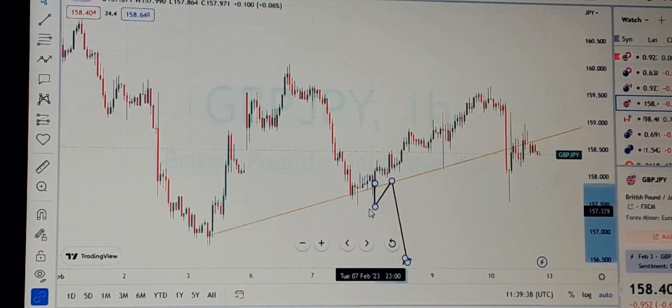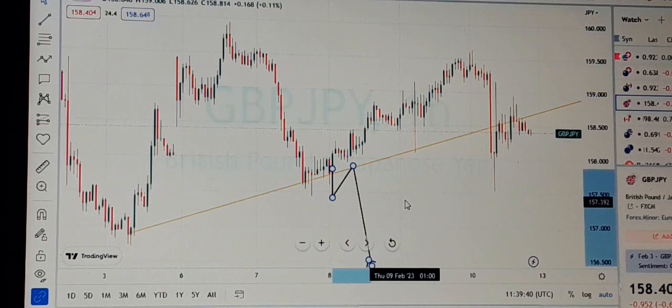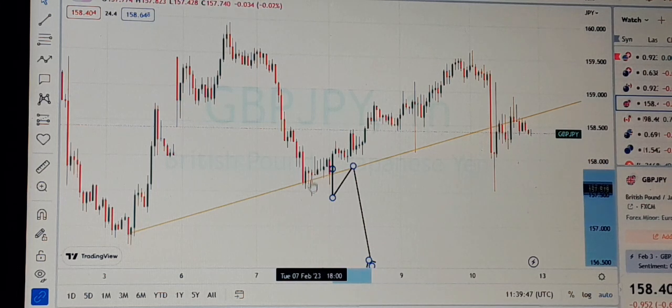Waiting is what makes the difference between a rookie and a professional forex trader. So you panicked once you saw this particular candle happening because you missed all this move, and you decided to enter the market here. You thought that the market was going down, but you didn't see something like this.